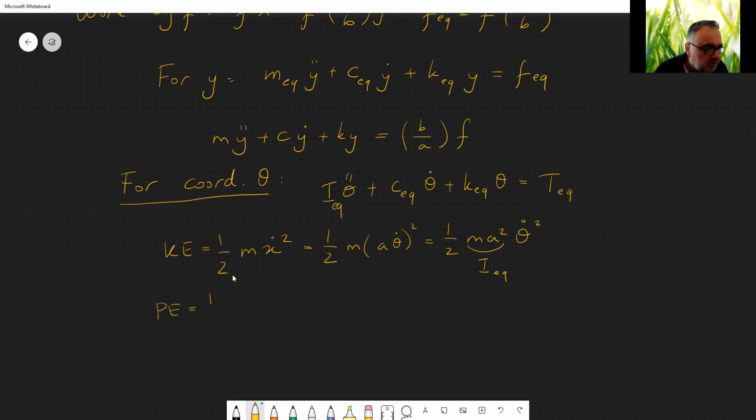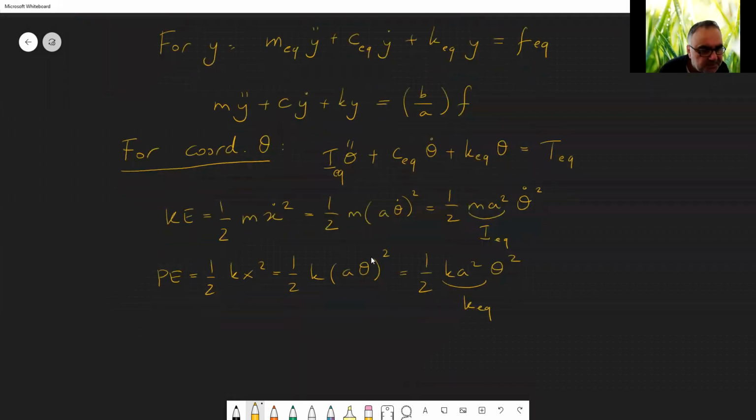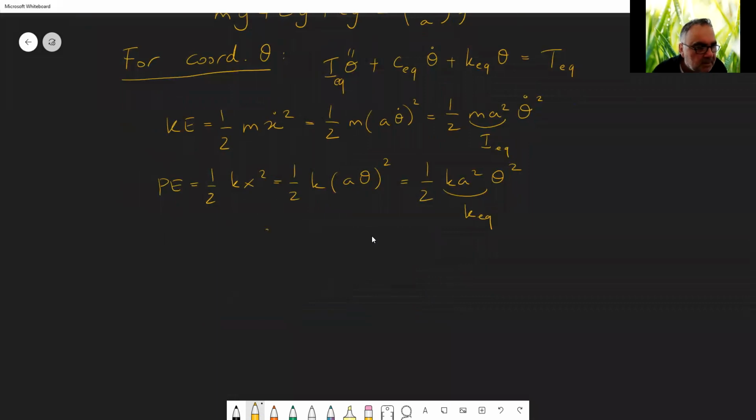For potential energy, we have 1 over 2 k x squared, which is 1 over 2 k a squared theta squared. So this is k equivalent. And similarly, C equivalent is C a squared, and the T equivalent is actually very simple: force times a.